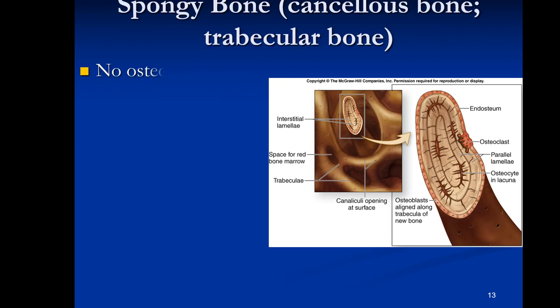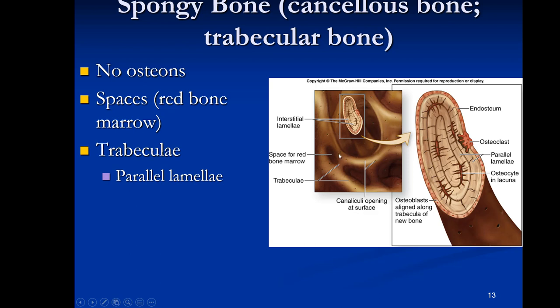Moving on, spongy bone, sometimes called cancellous or trabecular bone, does not have osteons because if you look at this, it does have the lamellae, but since it doesn't have a central canal, it's not considered an osteon. And we have the big spaces because remember, it looks like a sponge. In those gaps, we mostly have red bone marrow, which is important for blood cell formation.